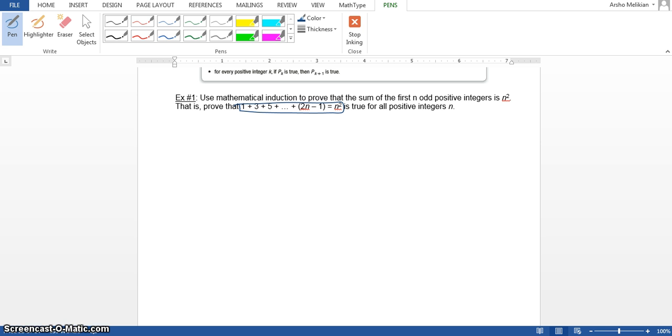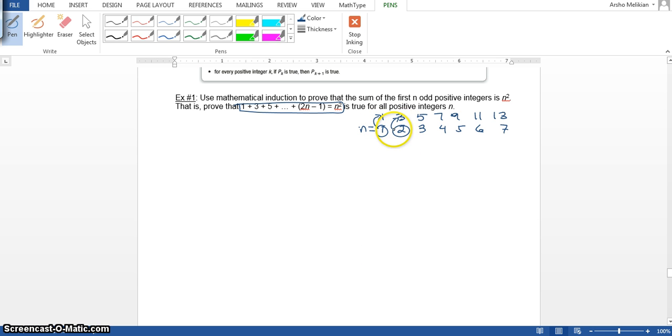Okay? So let's just explore where this 2n minus 1 is coming from. All right, so the numbers I'm adding are going to be 1, 3, 5, 7, 9, 11, 13, and so on. If I list the value of n, then this is n equals 1, 2, 3, 4, 5, 6, 7. Okay? How do we relate the value of n to the value of the term?